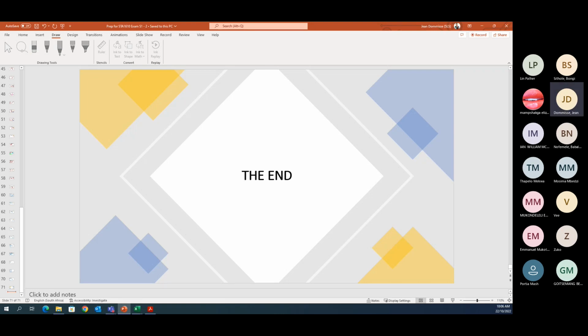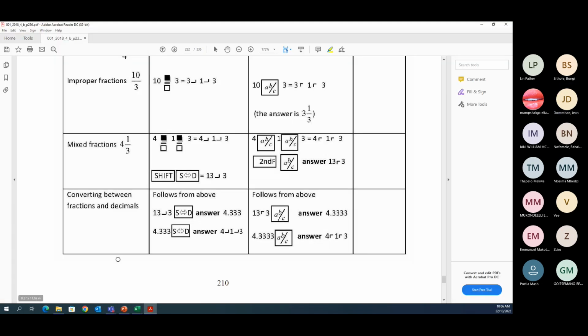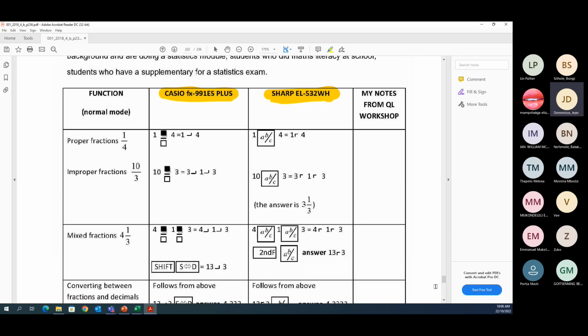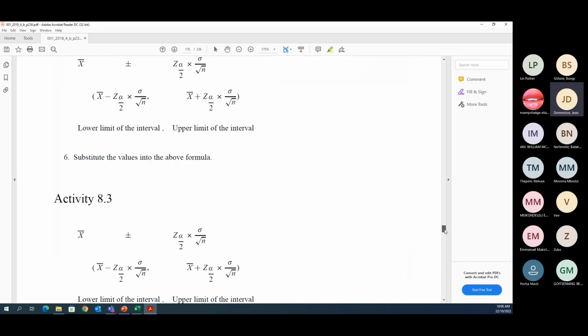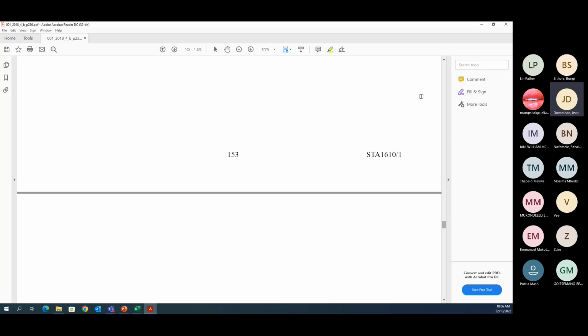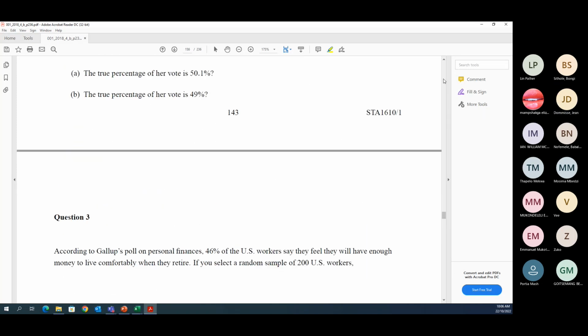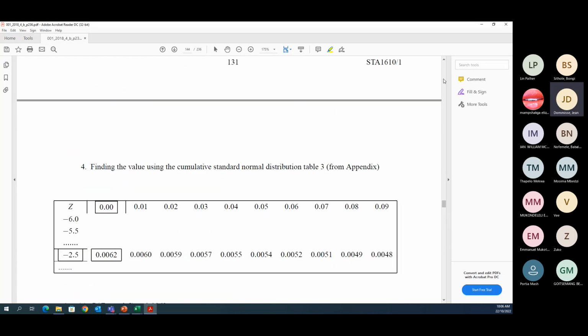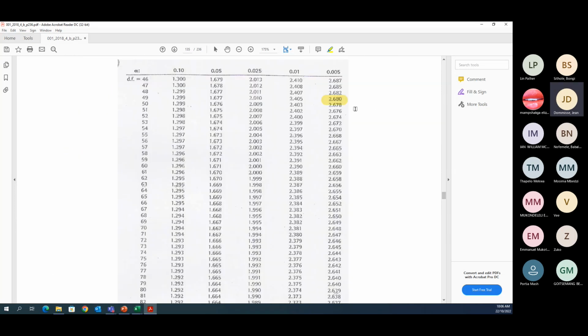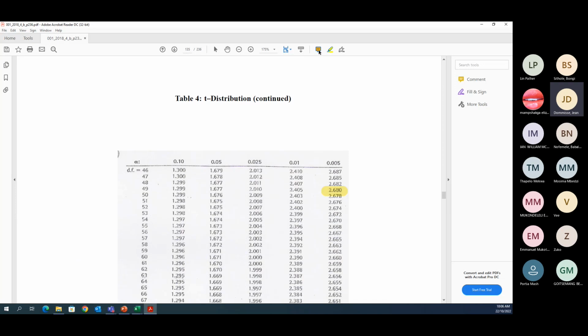If you have it as a PDF, like what I've got here, what I would do is add a text box, and I would say this is my T distribution.